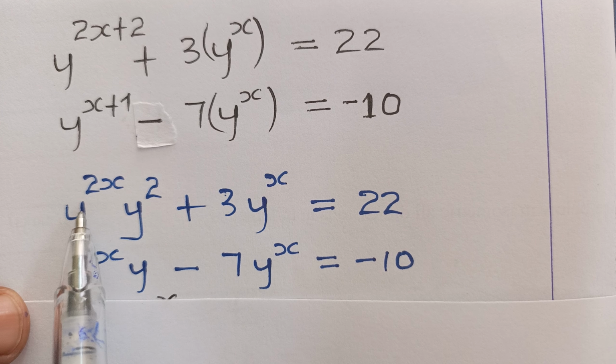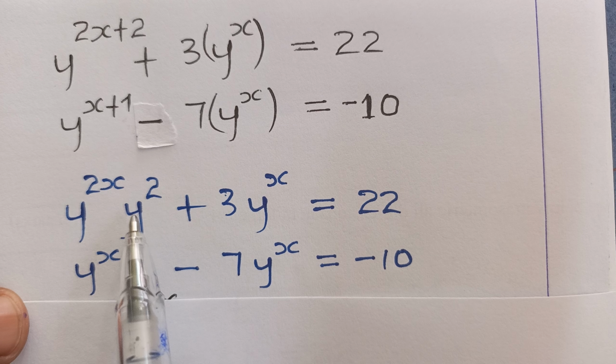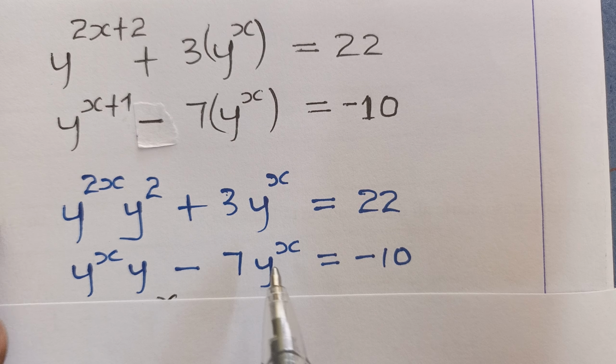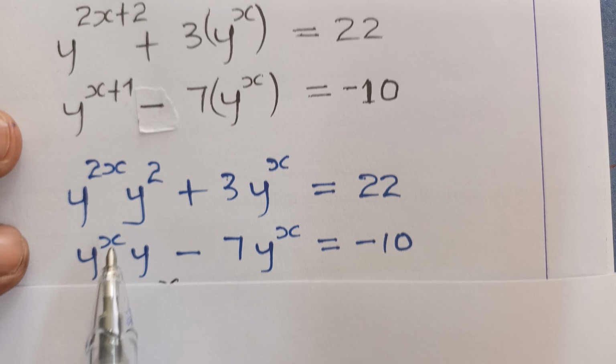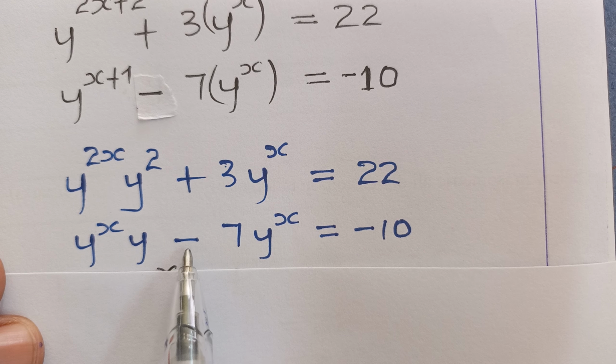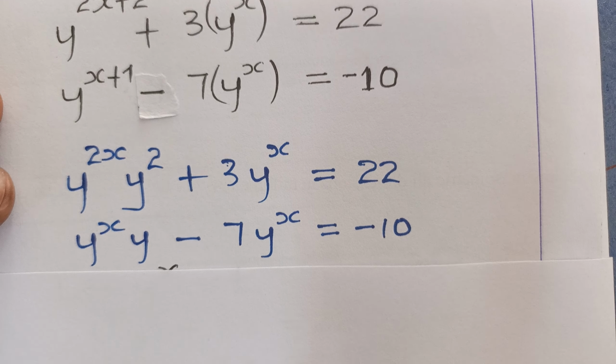So this one will come to y raised to 2x and this one now comes to y raised to 2 and the rest remains the same. Coming to the next equation, we have y raised to x multiplied by y minus 7 multiplied by y raised to x equals negative 10.